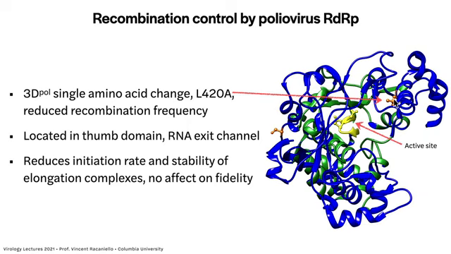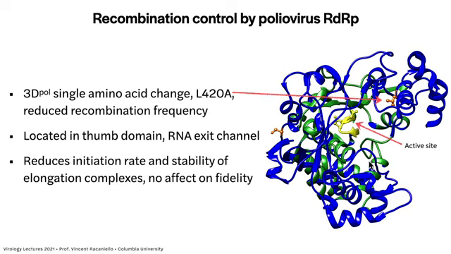And this is the thumb domain here. This is right near the RNA exit channel, so the RNA would be coming in here and curving around and going out here. And we think that this change reduces the initiation rate of the polymerase and the stability of the elongation complexes. So it's not so easy for the polymerase to change templates.